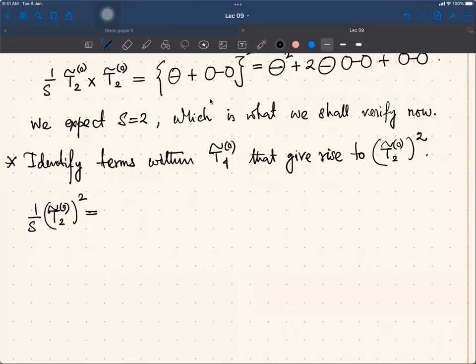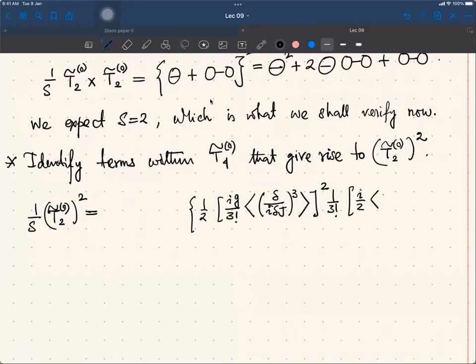T tilde 0,2 is given by one half, let me write T tilde 0,2, one factor of that: (i g over factorial 3 times del over i del J) cubed, squared, times 1 over factorial 3 times (i over 2 J del J) cubed.